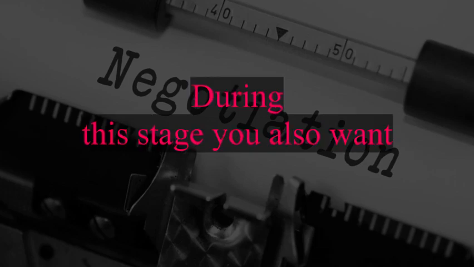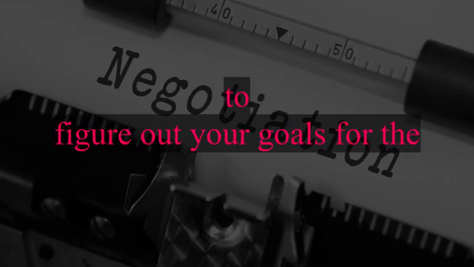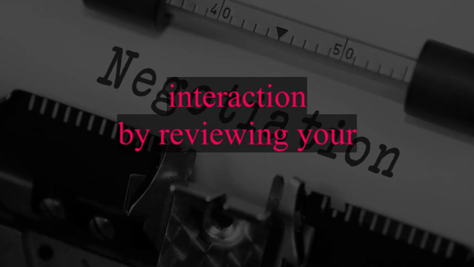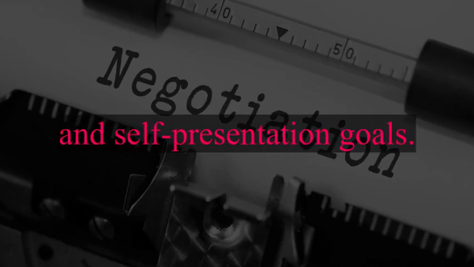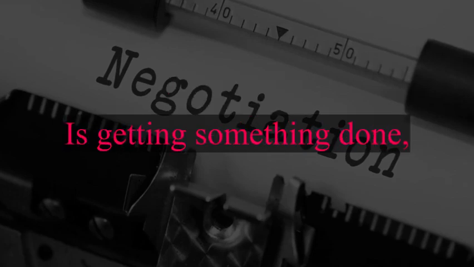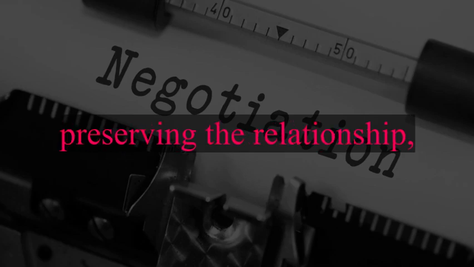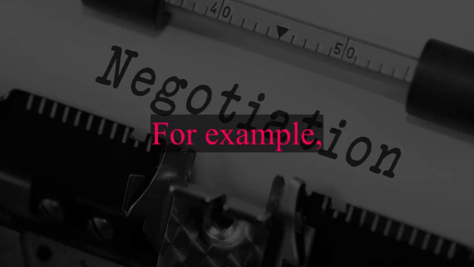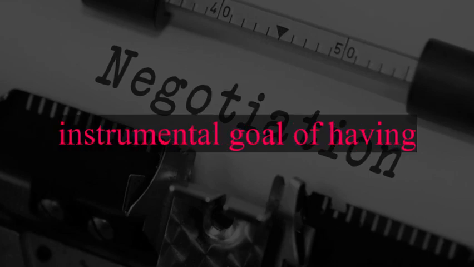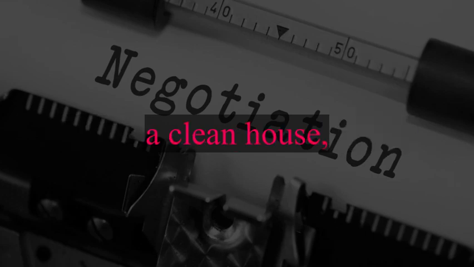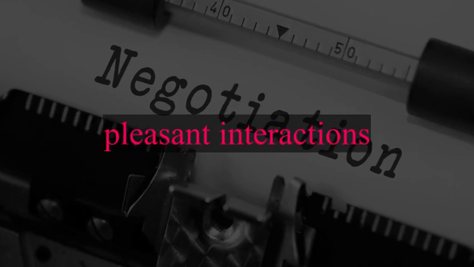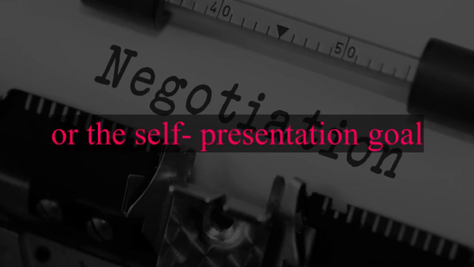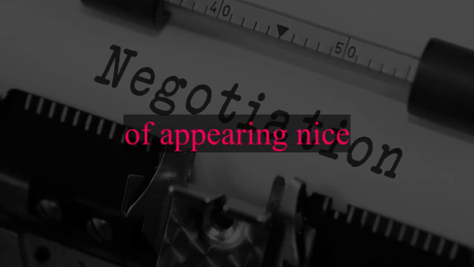During this stage, you also want to figure out your goals for the interaction by reviewing your instrumental, relational, and self-presentation goals. Is getting something done, preserving the relationship, or presenting yourself in a certain way the most important? For example, you may highly rank the instrumental goal of having a clean house, or the relational goal of having pleasant interactions with your roommate, or the self-presentation goal of appearing nice and cooperative.